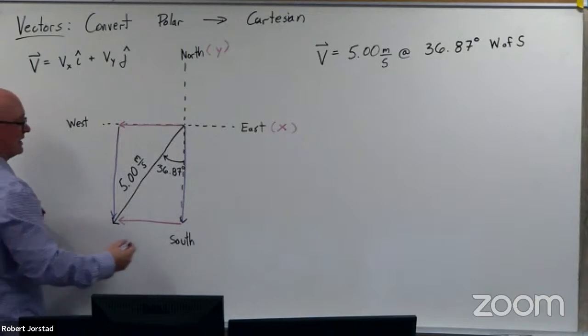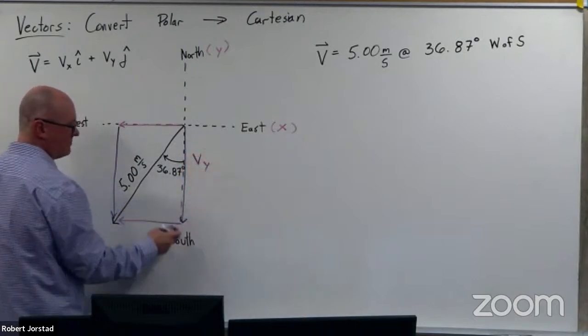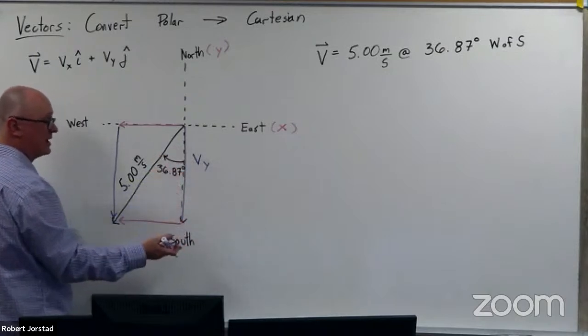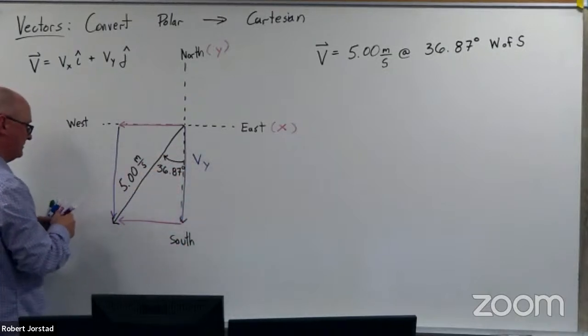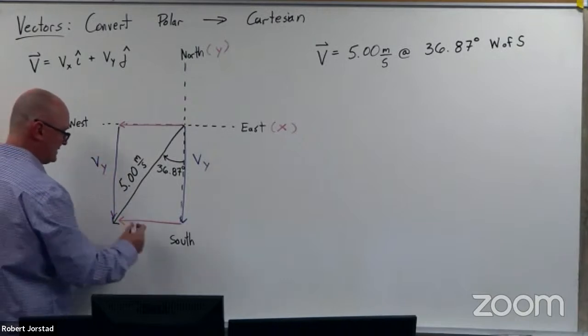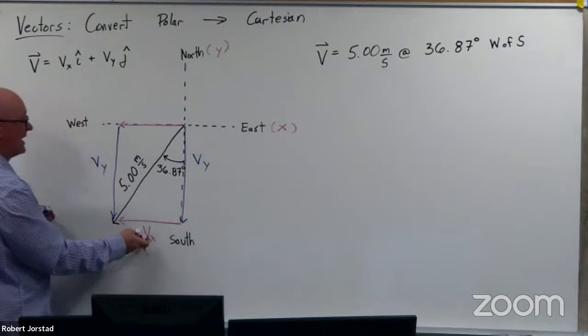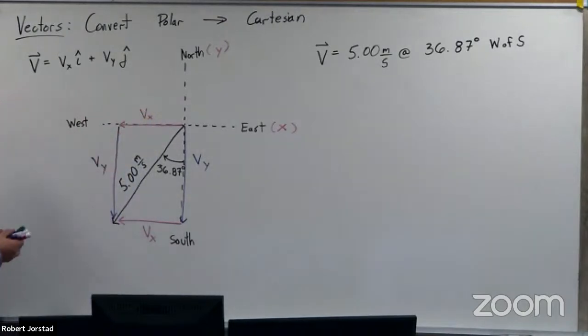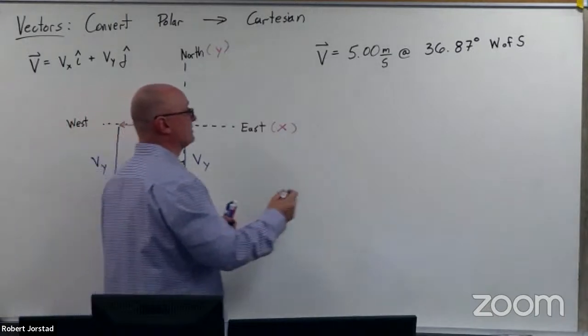In practice, I call this Vy, but the minus sign is included right here. We see this is going downward, so we expect a negative number here. More on that in a minute. This is Vx, and we'd otherwise expect a negative number because it's going to the left. Here it is. So at this point, I might redraw this as just a simple triangle.